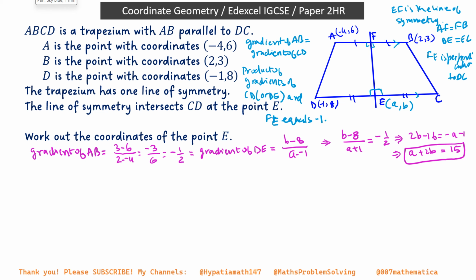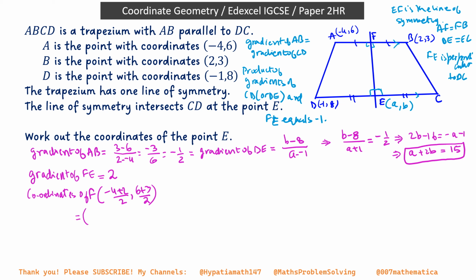So gradient of EF or FE is equal to 2, because 2 times minus half would give you minus 1, so it would be 2, and what that would imply is we would need the point F. So coordinates of F would be minus 4 plus 2 out of 2 and 6 plus 3 out of 2, and that is equal to minus 1, 9 out of 2.